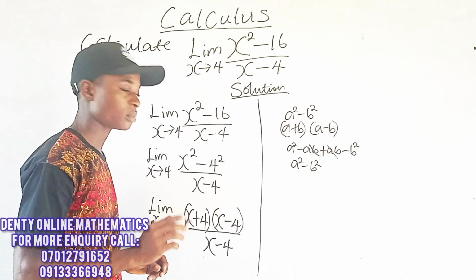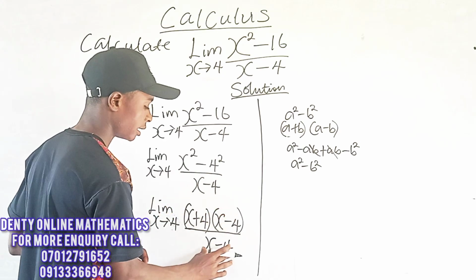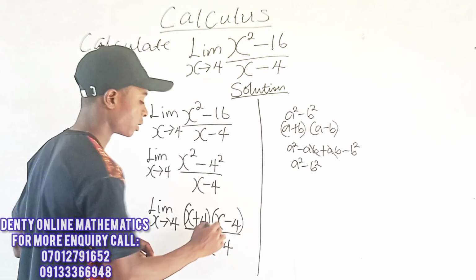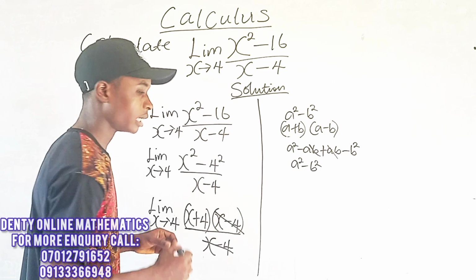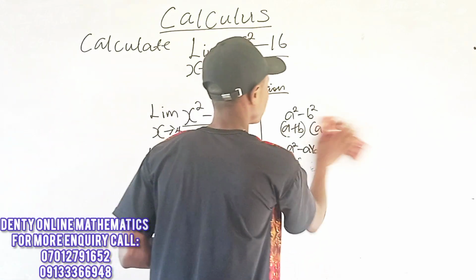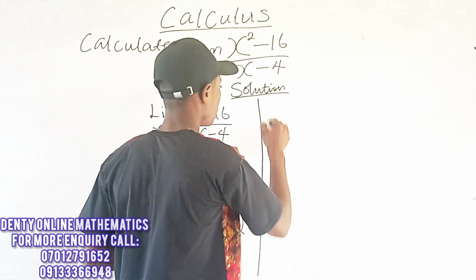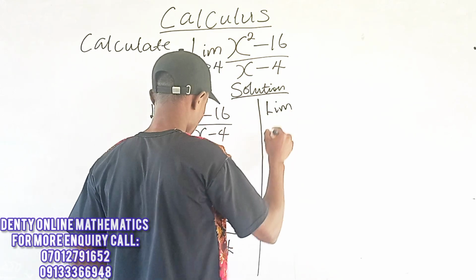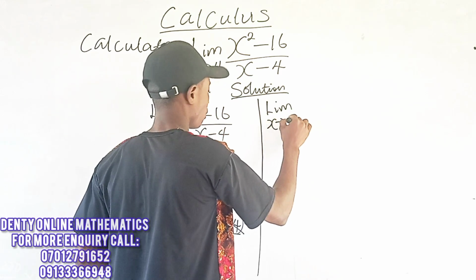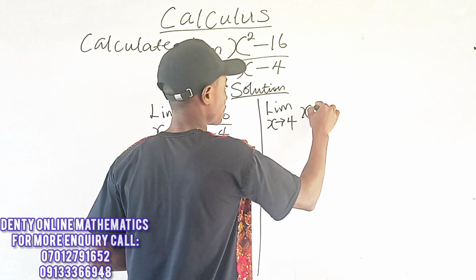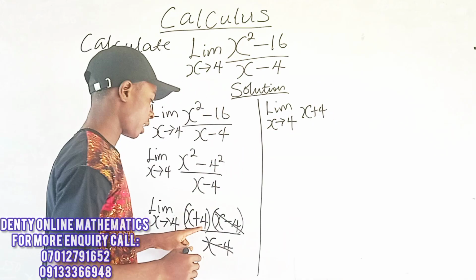Now you can see that something is common. This and this are alike, so I will cancel them out, and what I will be left with is the limit as x tends to 4 of x plus 4. That's the remaining thing that is left here.